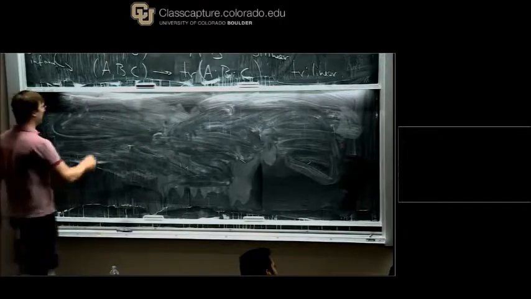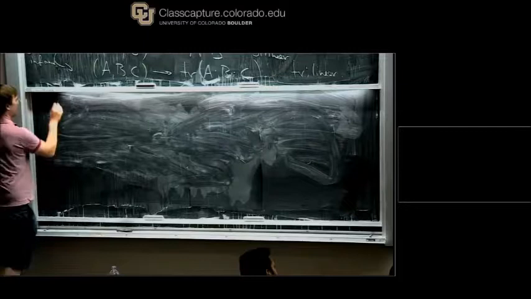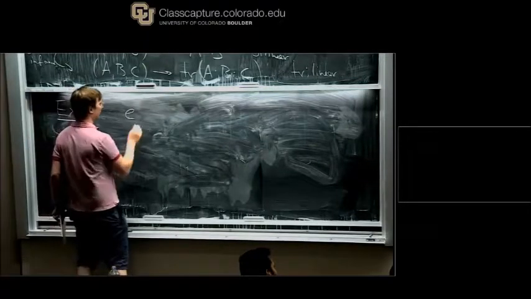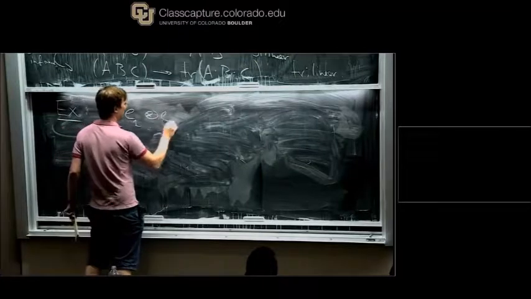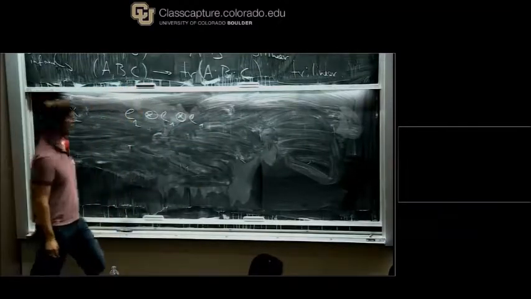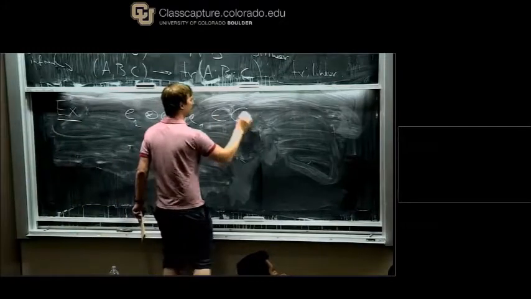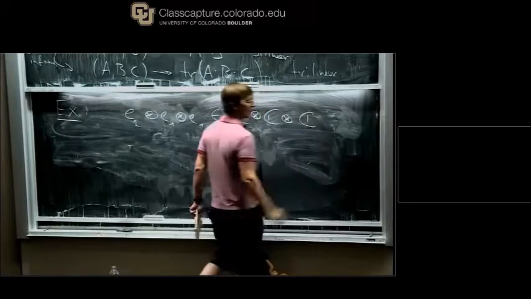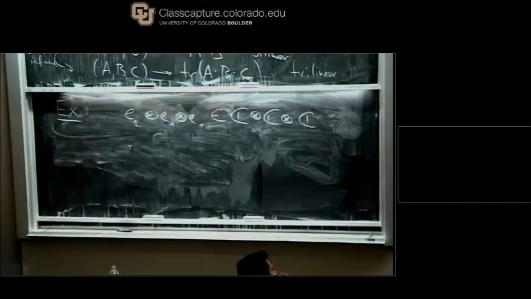Here is an example. I start with a very nice vector, E1 tensor E1 tensor E1, and it just lives in this one-dimensional vector space, C tensor C tensor C. A, B, and C equal to 1.